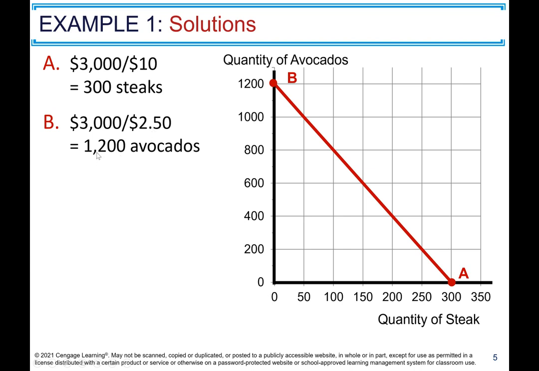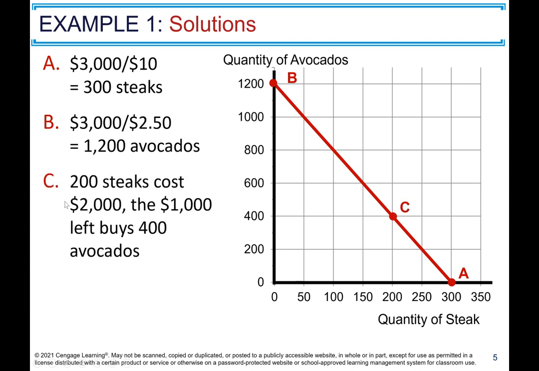That gives you 1,200 avocados at point B. What about point C? 200 steaks cost $2,000. The remaining $1,000 buys 400 avocados, and that gives us point C.